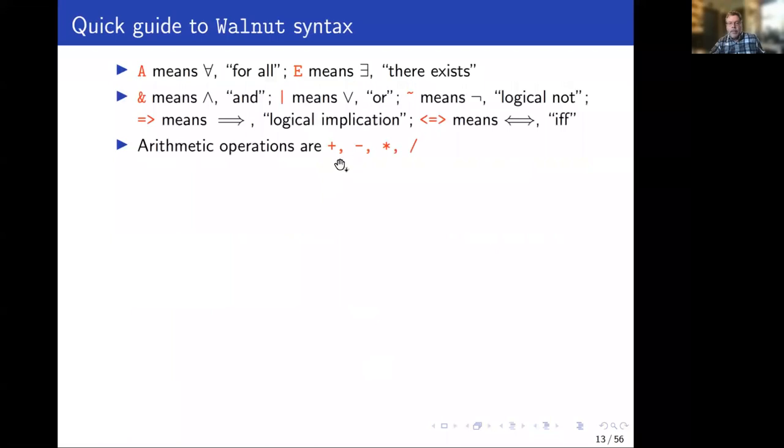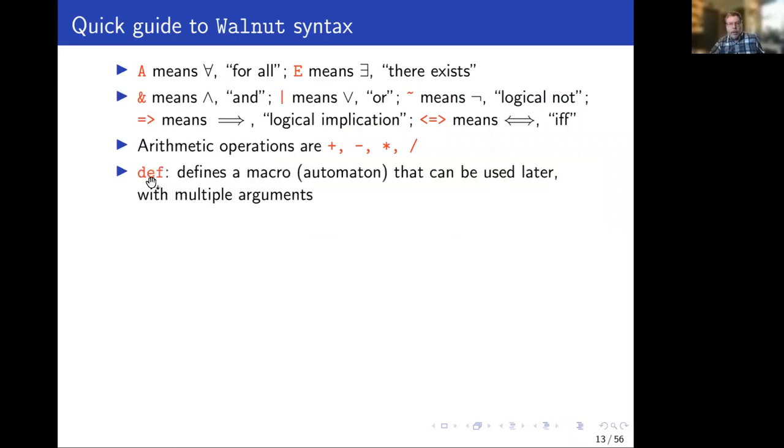The arithmetic operations are plus, minus, times, and integer division. And as I mentioned, you can only multiply by constants or divide by constants. Def defines an automaton or a macro that can be used later with multiple arguments. So I can define the notion of this factor of this sequence is a palindrome, and then I can use that as a subroutine later on.